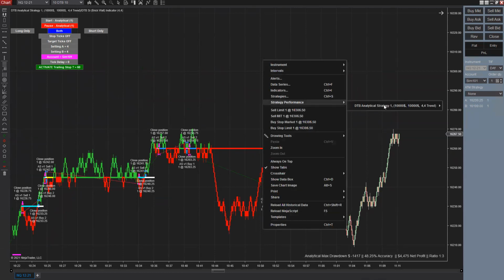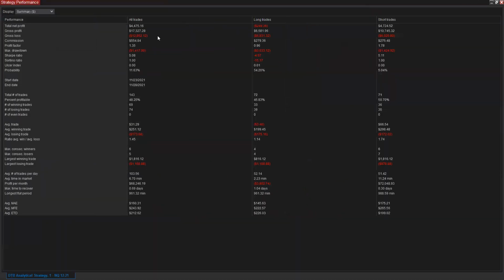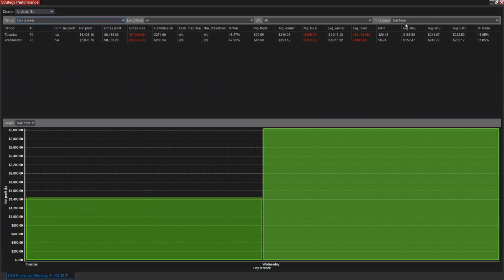So if we go to strategy performance and I go to real time and historical, that's going to show you, if you remember to always load your commissions in there, it's going to be in there. But if you go to the analysis, you'll see that it's got the specific days of the week. The entry times are going to be there, Tuesdays and Wednesdays.